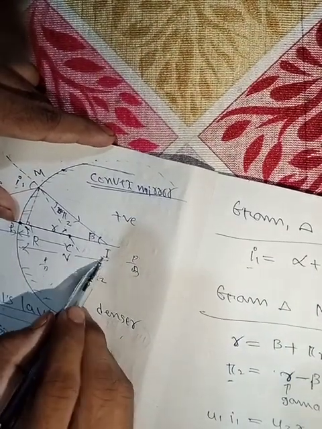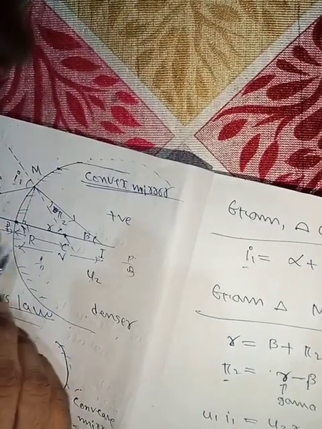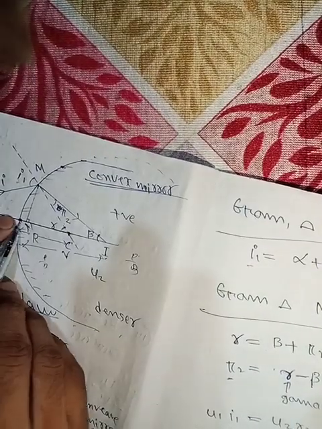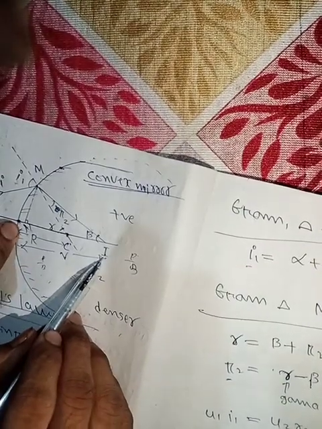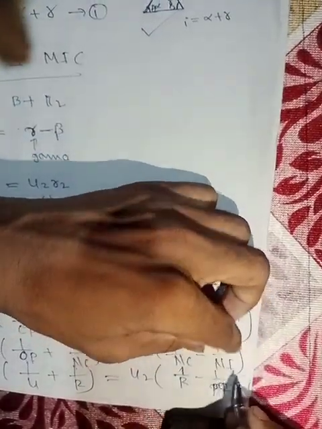N and P are nearly at the same place, so the distance from P to I is called the image distance.